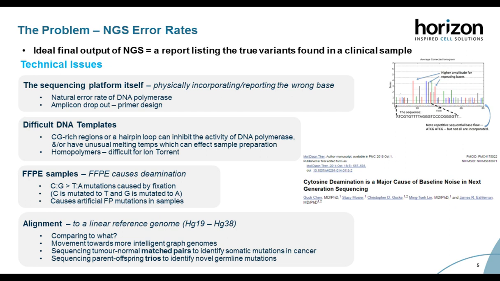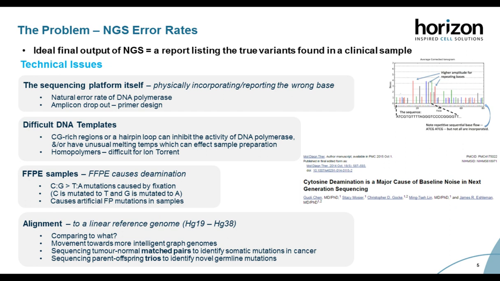Finally, in relation to the bioinformatics pipeline, alignment of NGS data to a reference genome can cause multiple headaches for the analysis team. Questions can be asked around which is the most appropriate reference genome to use, and interestingly, we see the field possibly moving towards more intelligent graph genomes than linear, as are currently in use.